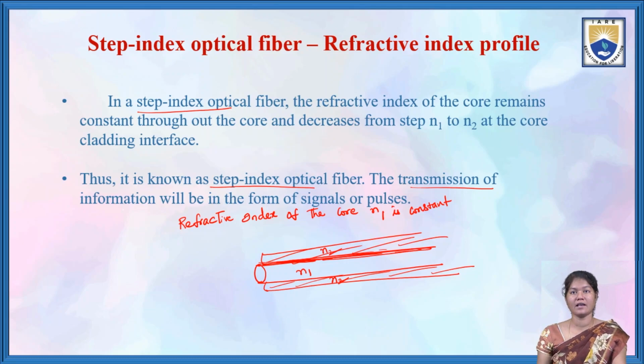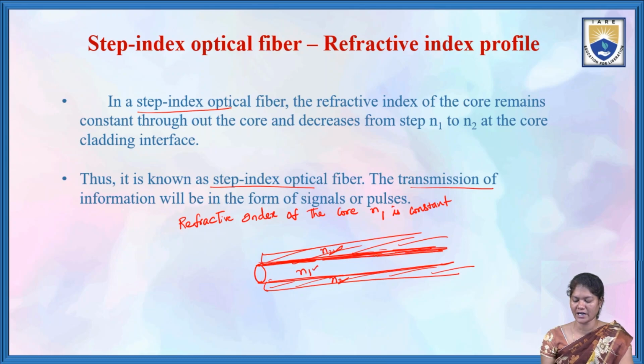So in a step index optical fiber, the refractive index of the core remains constant throughout the core and decreases from step N1 to N2 at the core and cladding interface. So we call it step index optical fiber.